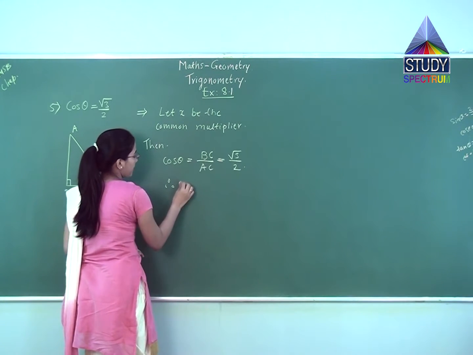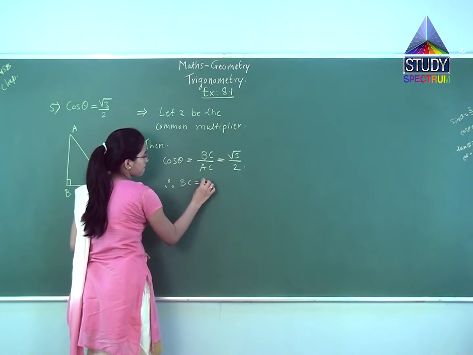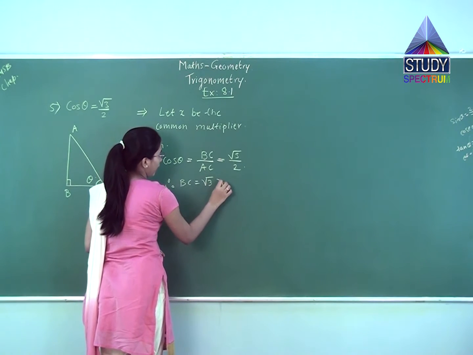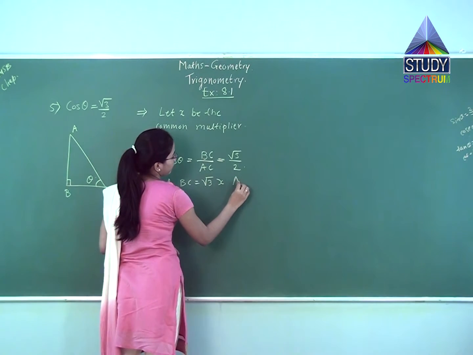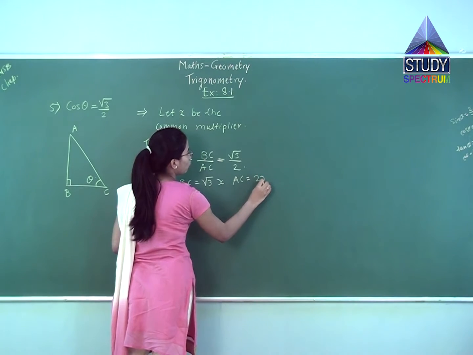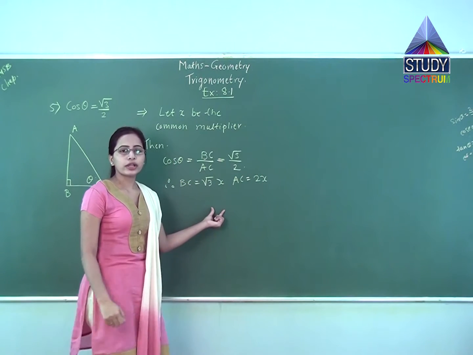Therefore BC will be root 3x and AC will be 2x.